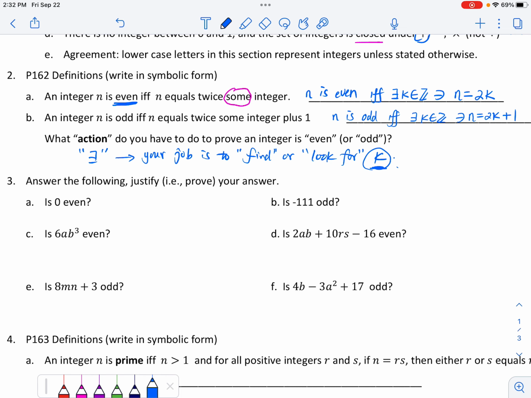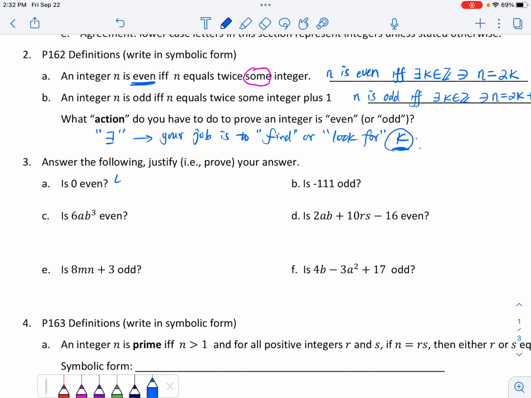So I'm going to give it a try. In other words, your job is to look for a k which is an integer. Again, in the future I may skip writing this out. Such that 0 is equal to twice the k. So your job is to try to look for, are you able to find an integer so that 0 is equal to 2 times k?